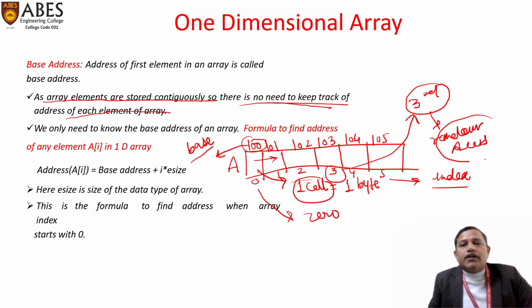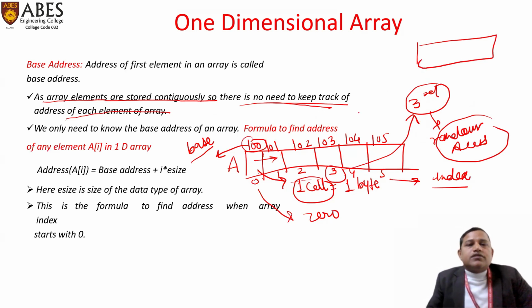This is the advantage of an array in comparison to a linked list, where elements are stored at different scattered positions. If you want to access the address of any particular element at any location, we can directly go to the address of that element without tracking each address starting from the first element.